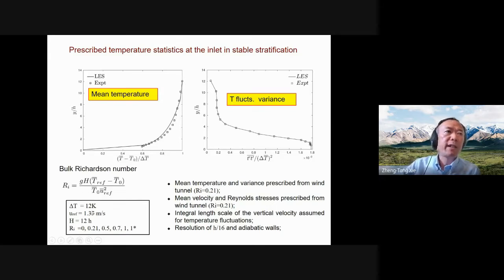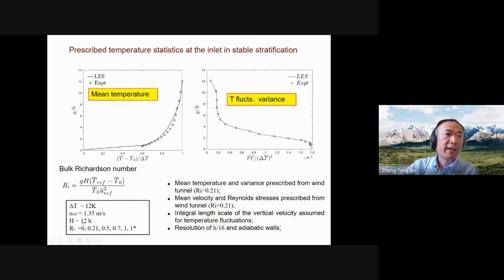In the wind tunnel, the temperature is roughly 10 degrees, and the temperature difference is roughly 12 degrees. The velocity for this case is smaller than the neutral case because they want to get a higher Richardson number. So it's not easy, again, as you can see.